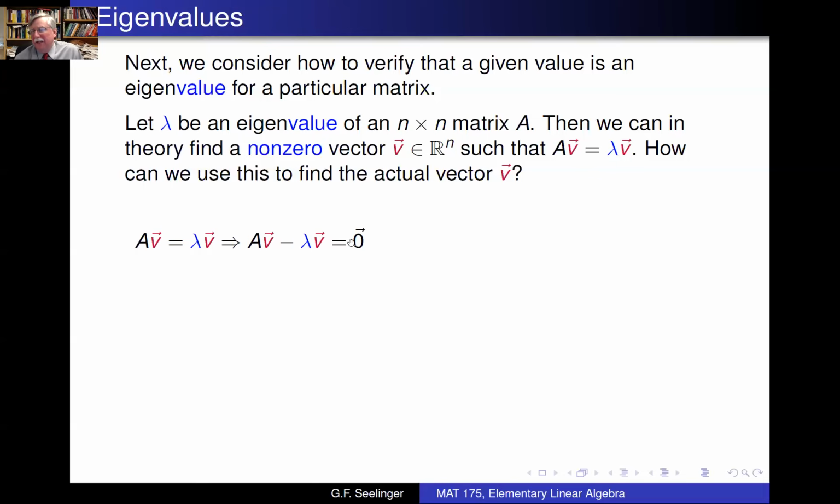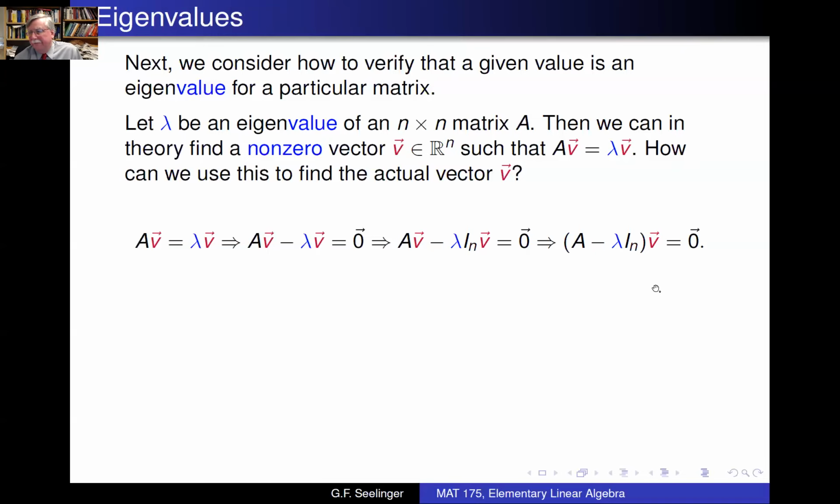So I want to put a 1 here, essentially, an identity matrix. Then when I factor out the v, I get an expression involving matrices. So that tells me that A minus lambda times the identity matrix, which is an n by n matrix now, times v is equal to 0.